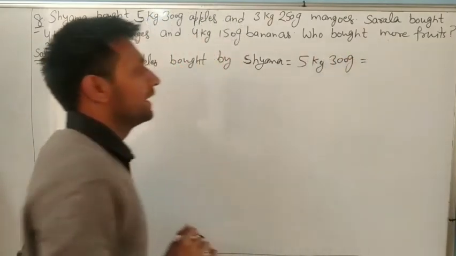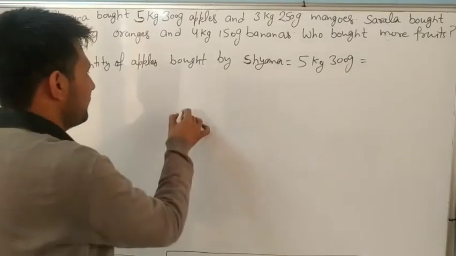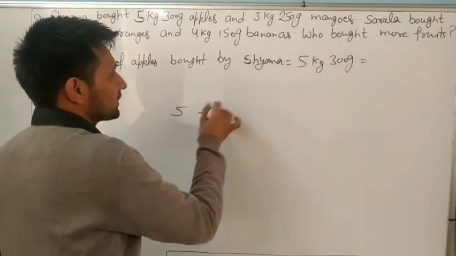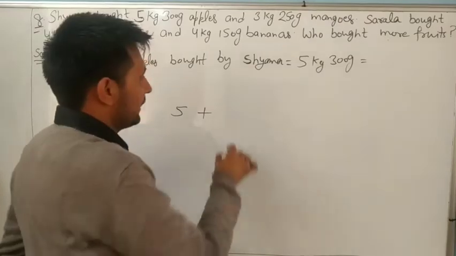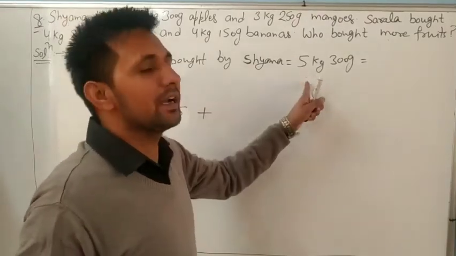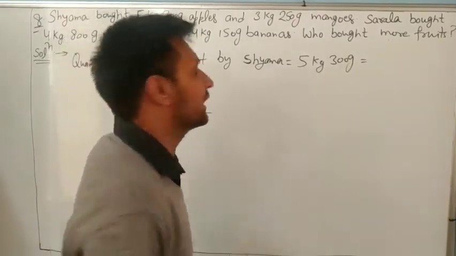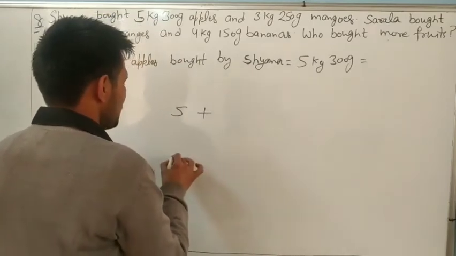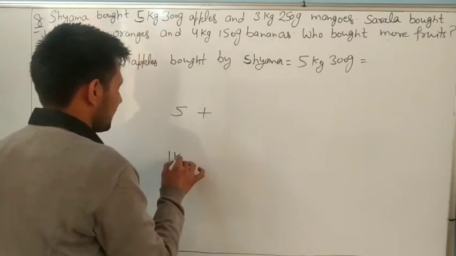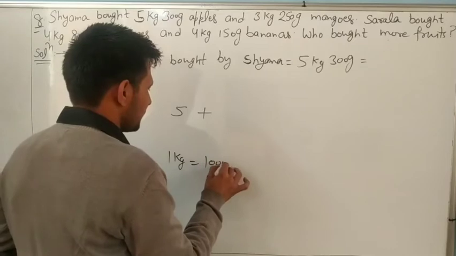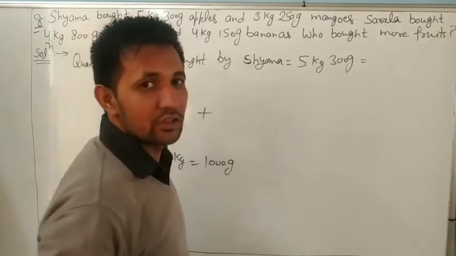So you can write in decimal also. 5 kg means 5 plus, change gram into kilogram, because always we will write both in gram or both in kg. So 300 gram, everyone knows 1 kg equals 1000 gram, and we want to change 300 gram into kg.